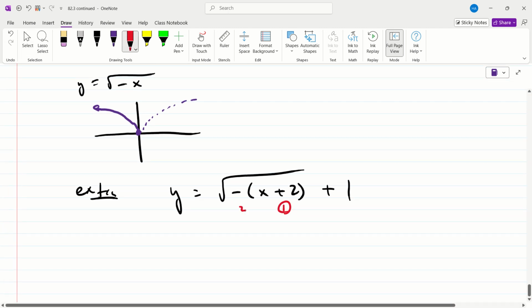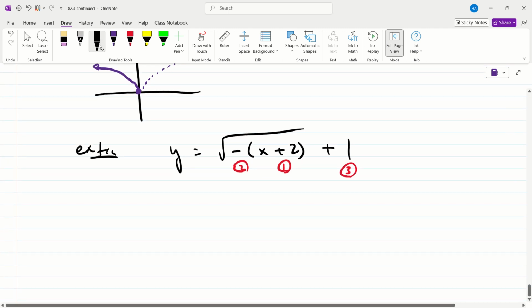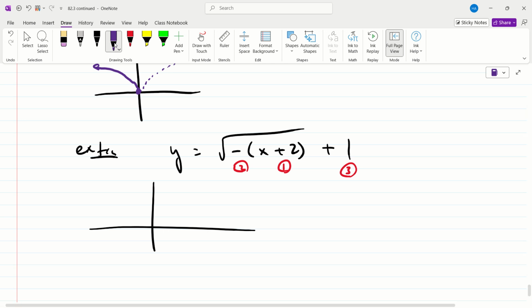So do that one first, do that one second, do that one third. I know the base model of my function is the square root of x, so it's this guy right here. And with the x plus 2, I know to shift it to the left 2 units. So I have that guy right there.